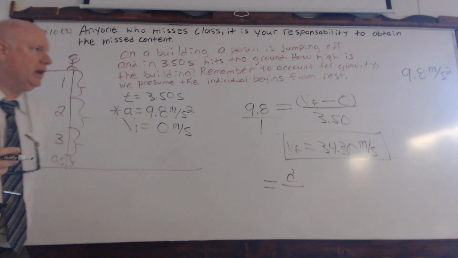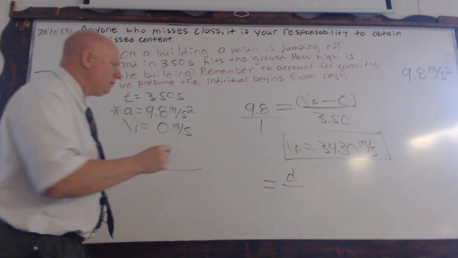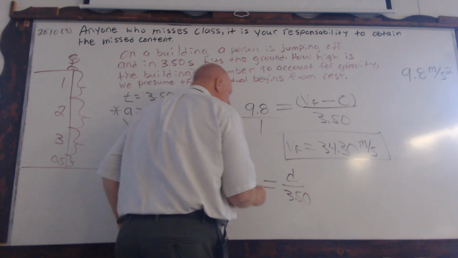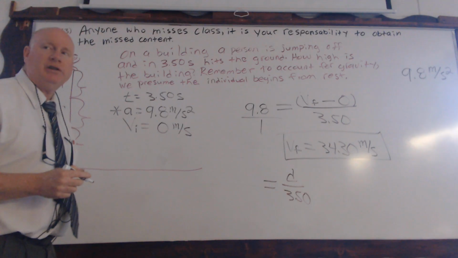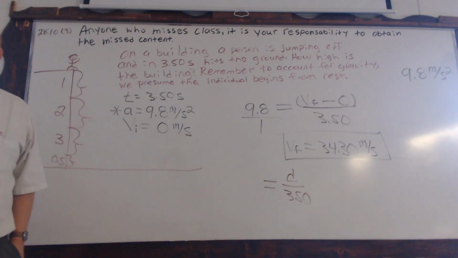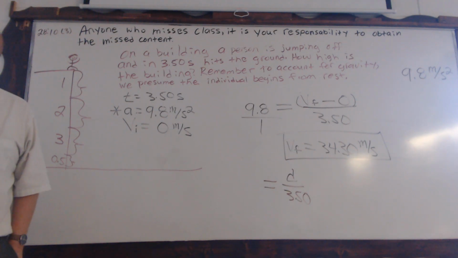It's 3.5. And then what's on the left-hand side of our equation? Not 9.8. You got the right idea, you just picked the wrong one. 34.3.